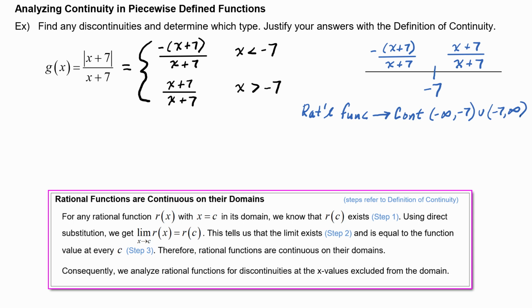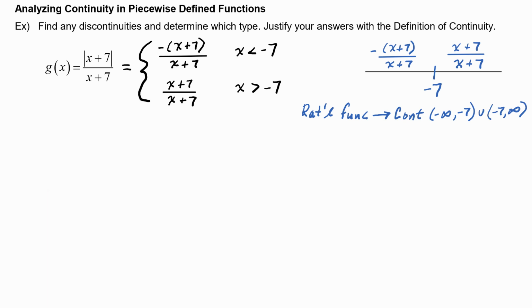Then our job is to analyze what happens at the x values that are excluded from the domain and see if we have a discontinuity, and if so, what kind. So in this case, we will want to look at x equals negative 7.